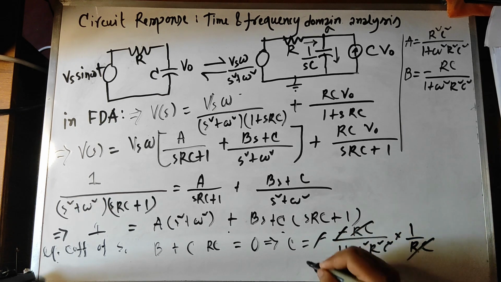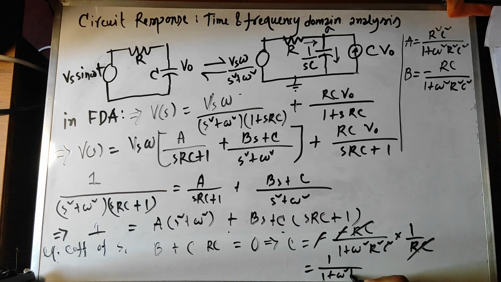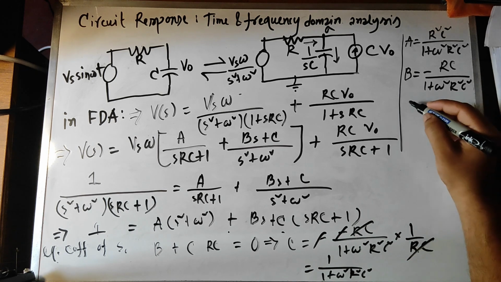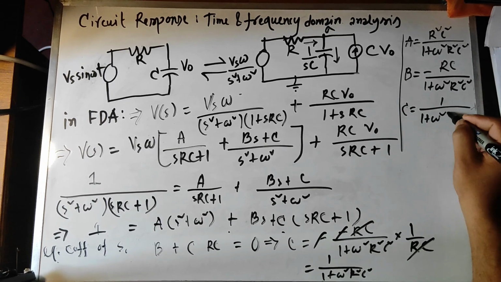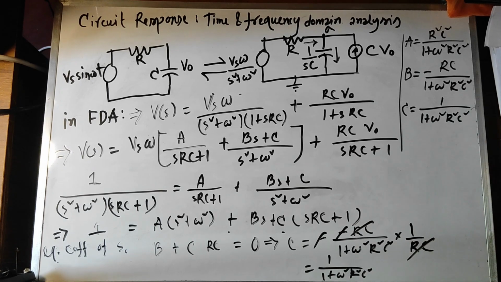So this will cut out, which will give 1 by 1 plus omega square r square c square. So c is 1 by 1 plus omega square r square c square.